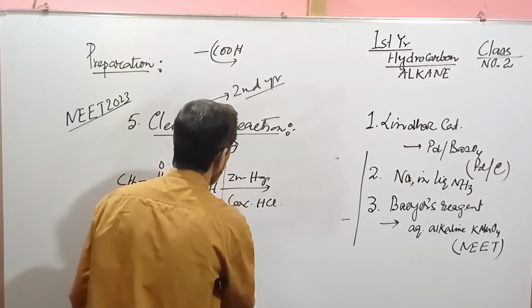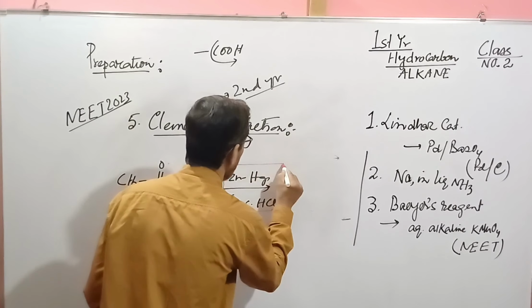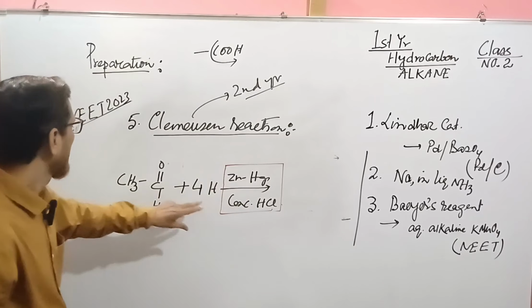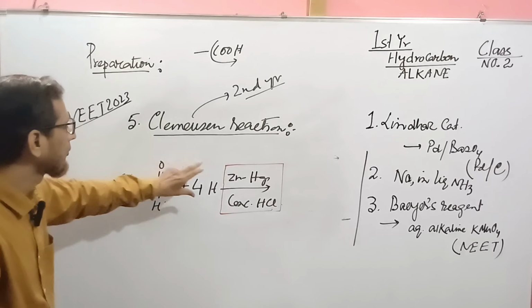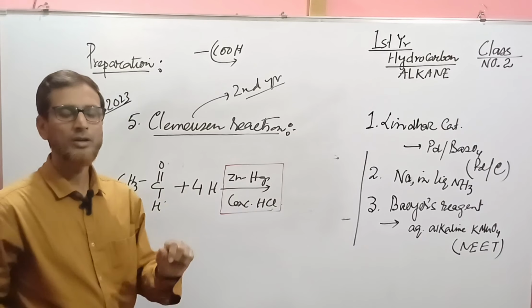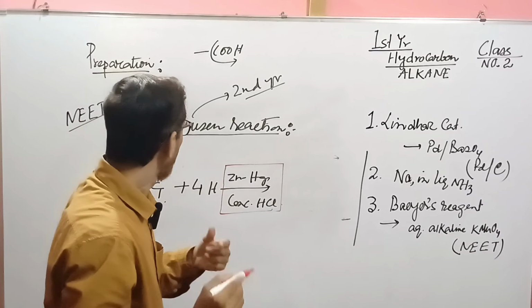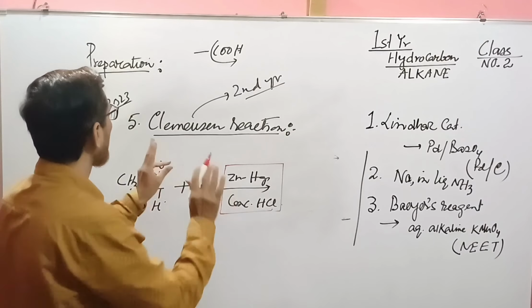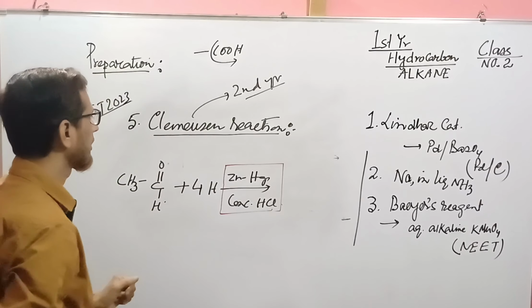The important thing is the reagent. When a CO group is there and you use zinc amalgam and concentrated hydrochloric acid, instantly you recall it is nothing but the Clemmensen reaction.